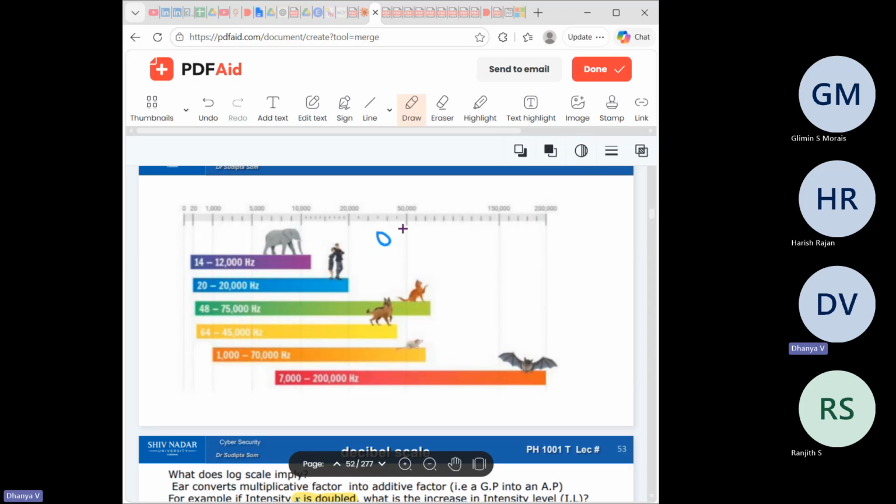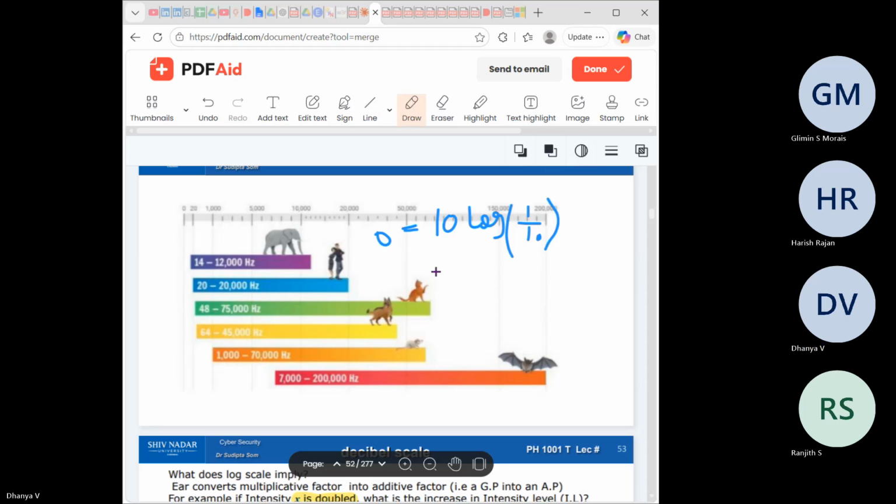So 0 is equal to log I by I naught. So your I by I naught will be 10 to the power 0, right?